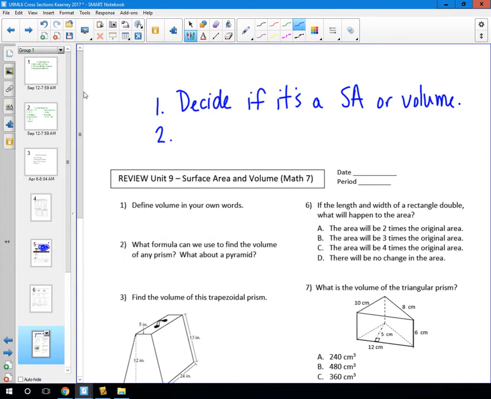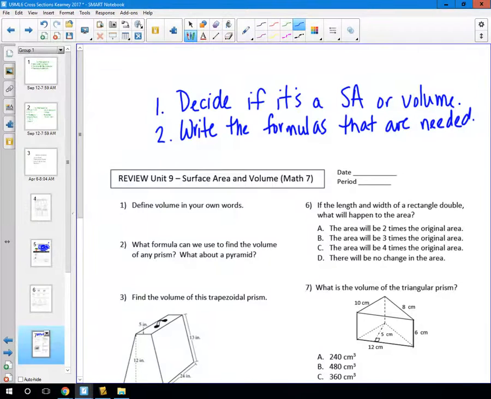Next, after you decide if it's a surface area or volume, I want you to write the formula, or formulas, that you're going to need. And then the third step: you're going to read the problem, decide if it's a surface area or volume problem, write the formula, and then solve using the formula.